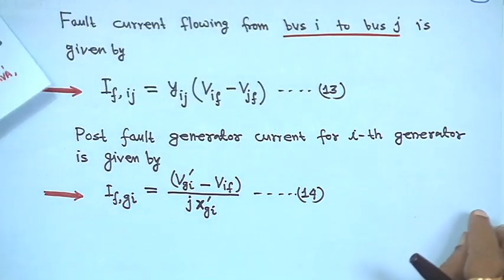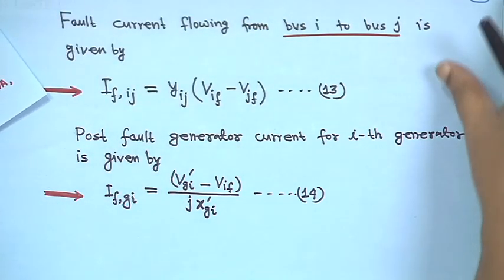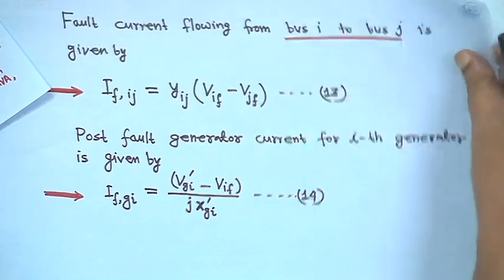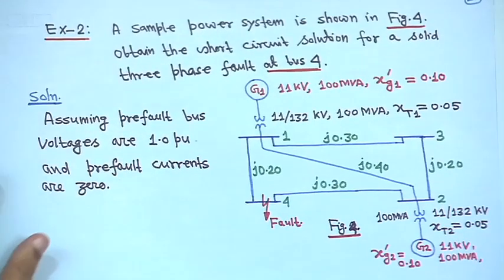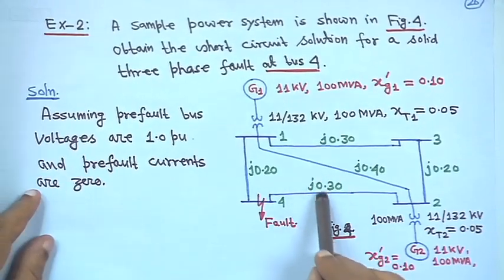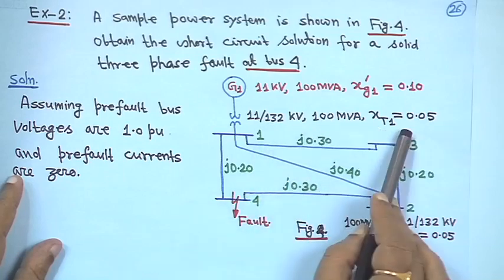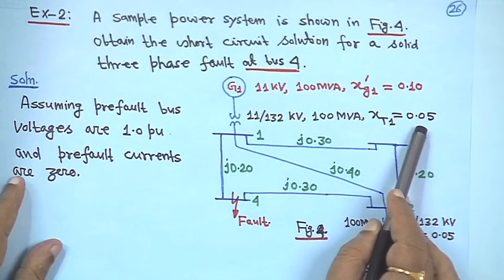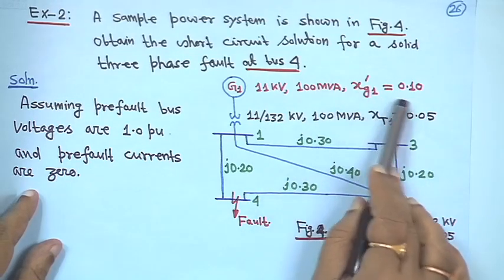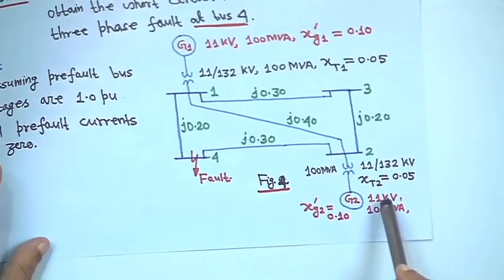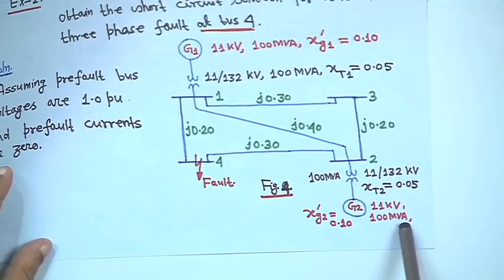Now, before going to the Zbus algorithm, we will take one example. This is a network where a transformer is there and its reactance is given, and a generator is there, xg1 dash is given. Here also the same rating, 11 kV, 100 MVA.